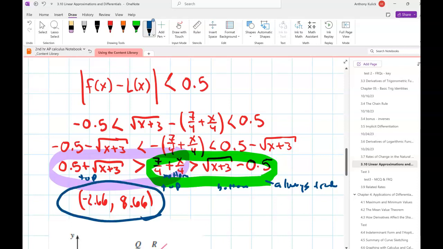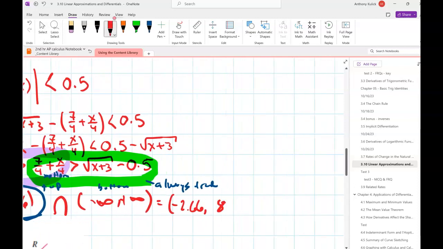So when does this work? Only in between, right? This piece is always true, right? So if I take the intersection of those two intervals, the numbers between -266 and 866 with any real numbers, that intersection is just numbers between -266 and +866, right?